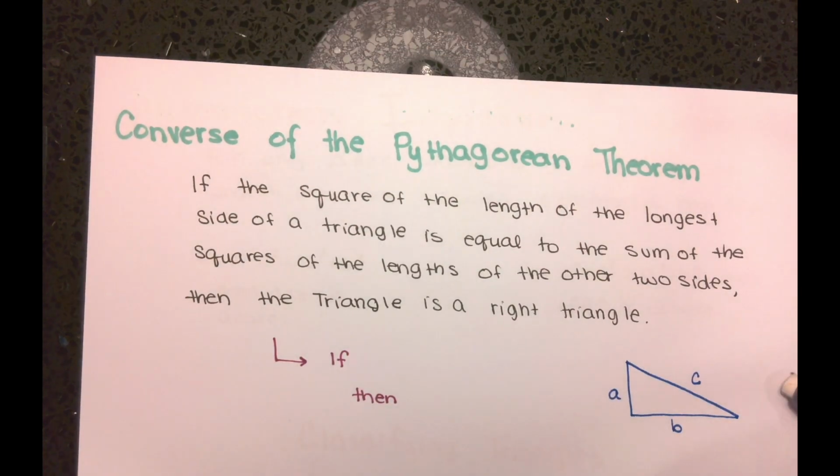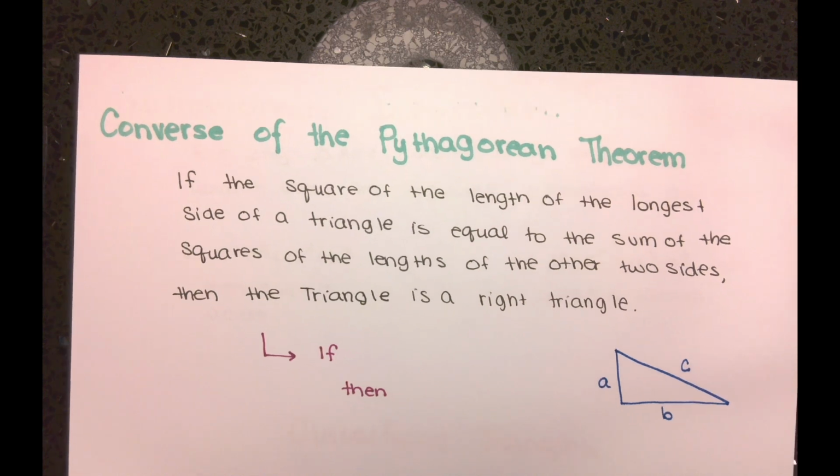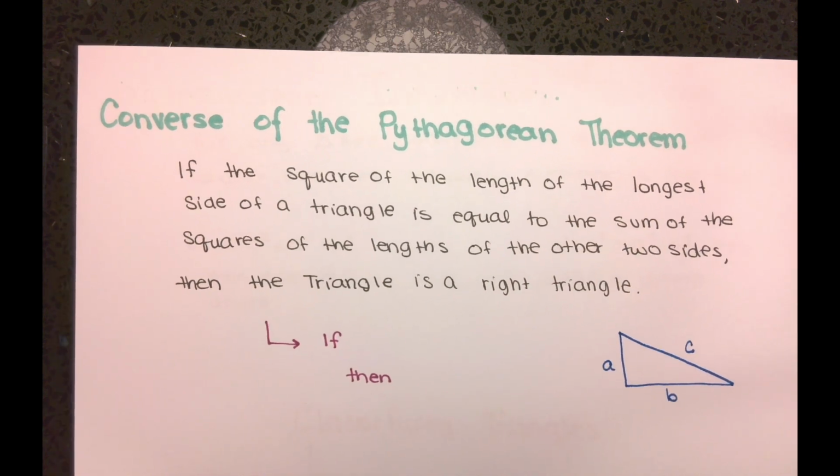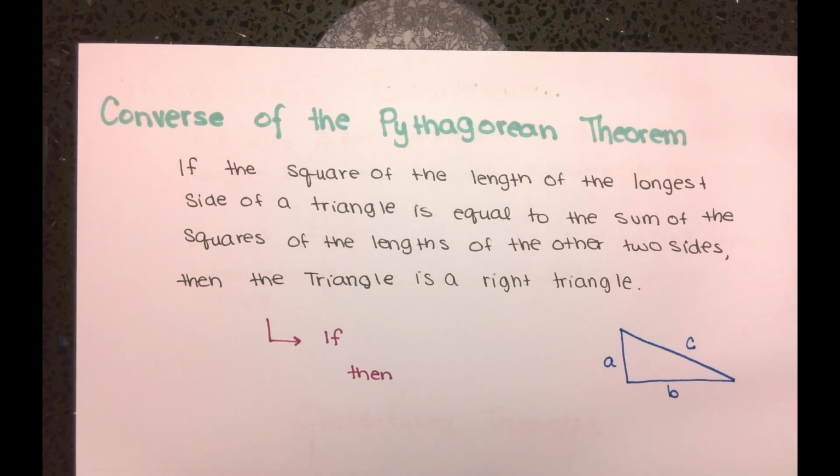Now that we learned the Pythagorean theorem, there is a converse of the Pythagorean theorem. Take a moment to pause this and write this down. So the converse of the Pythagorean theorem states that if the square of the length of the longest side of a triangle is equal to the sum of the squares of the lengths of the other two sides, then the triangle is a right triangle.